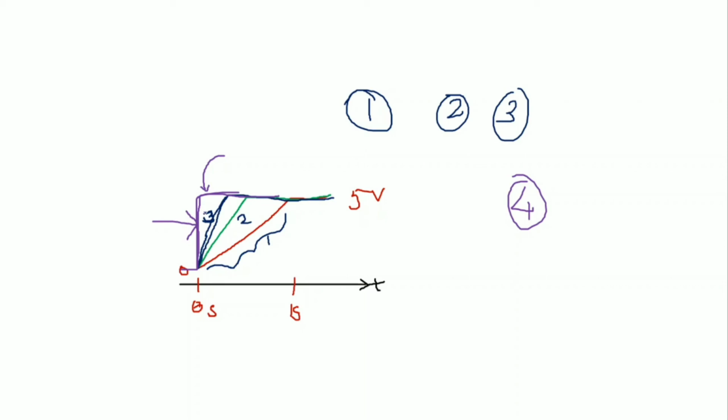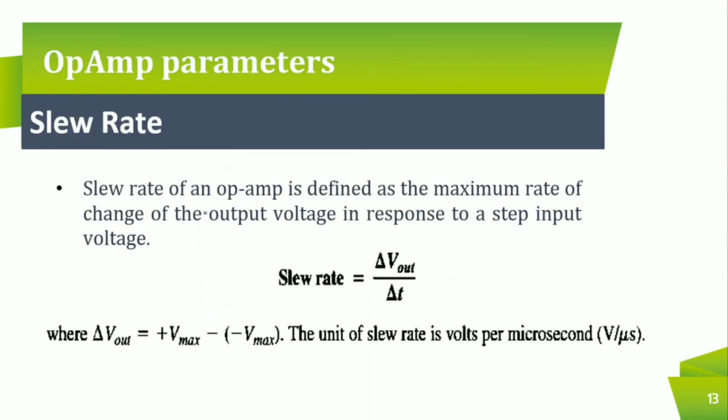So this is termed slew rate. This is what slew rate defines. Slew rate is the ratio of output voltage change to change in time. If the input changes for the op-amp, say it is 0 and suddenly goes to 1, how fast can the output of the op-amp change to 1?